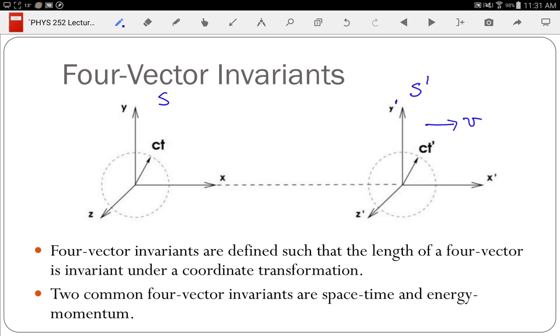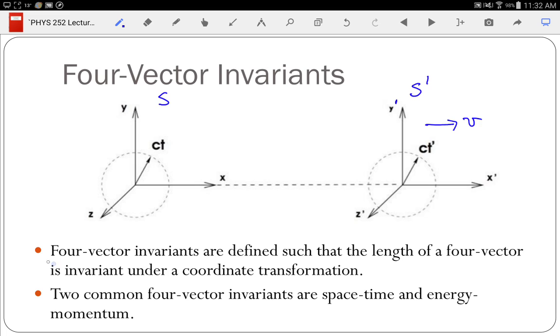So primed and unprimed is a way of separating one reference frame from another. The S is the one that we're going to consider to be stationary, and the S prime the one that we're going to consider to be moving. But of course, keep in mind that we're saying relativity, which means that either reference frame is perfectly valid if it's moving at a constant velocity, and we're just choosing which one we happen to be in.